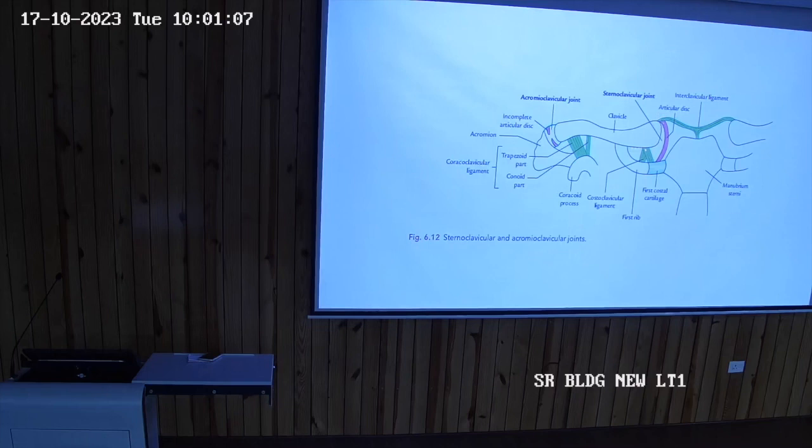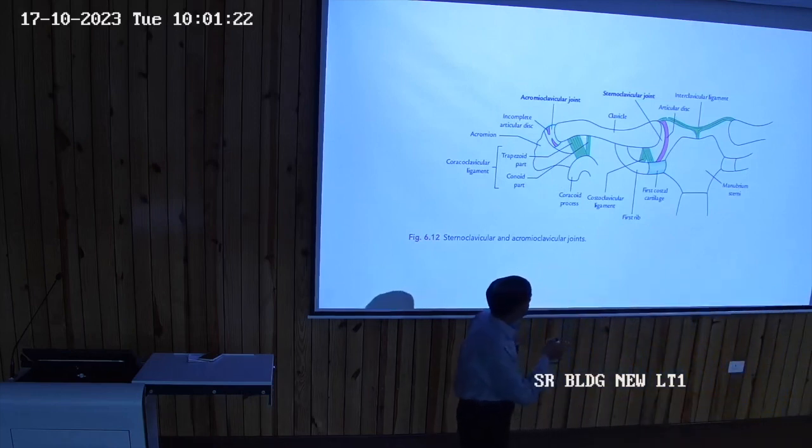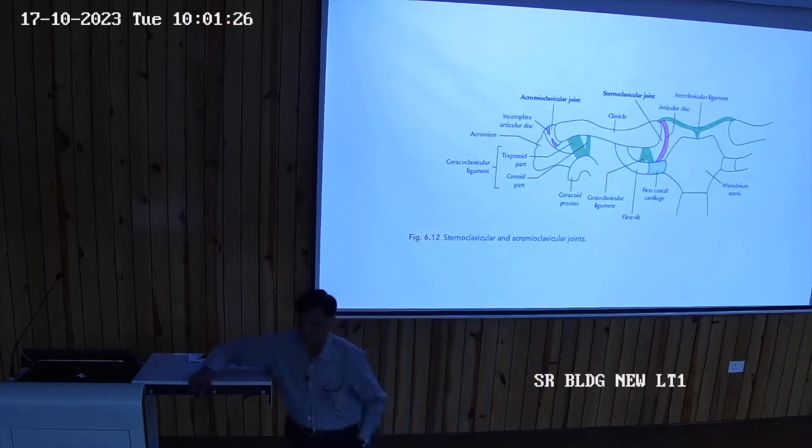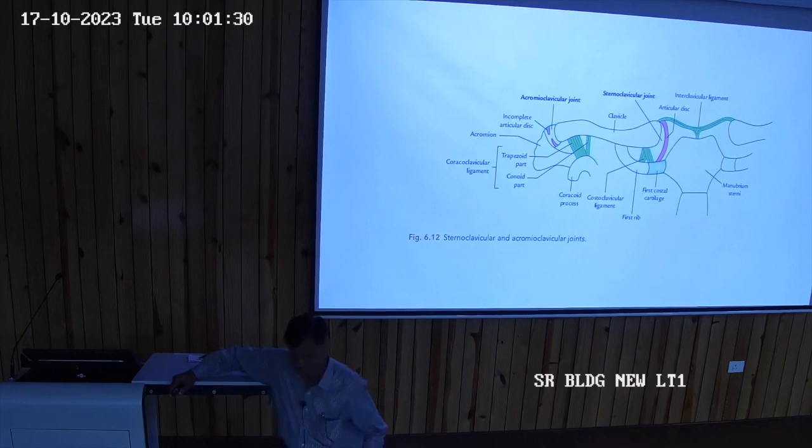You are seeing the pink line here, that is the articular disc. Whenever there is a disc in the joint, that joint is not plain. There is no disc in the plain synovial joint or acromioclavicular joint. So this is the saddle variety of joint. The sternoclavicular joint is a saddle type of synovial joint. The movements are along two axes. That's all.